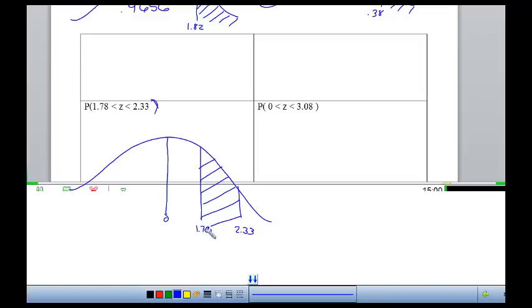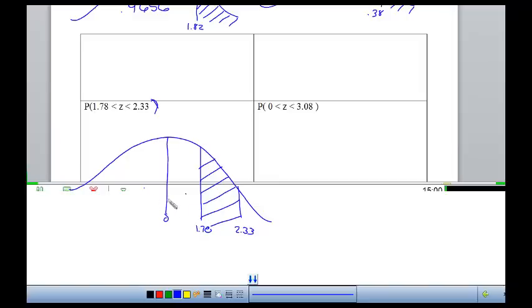Using the table, and keeping in mind that when we look up these particular values, it describes the area to the left, what might I do to figure out the area between the two? Look up 2.33, which would describe all three of these pieces. But then subtract from that what I get when I look up 1.78, because I don't want these two.